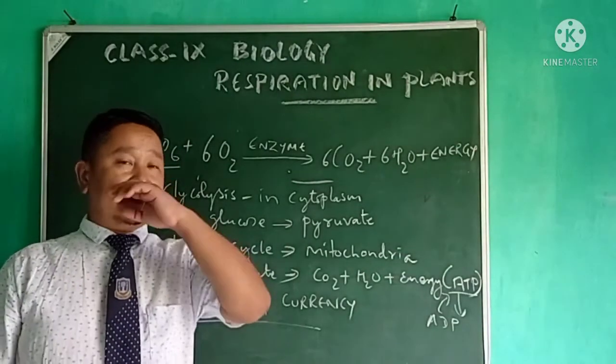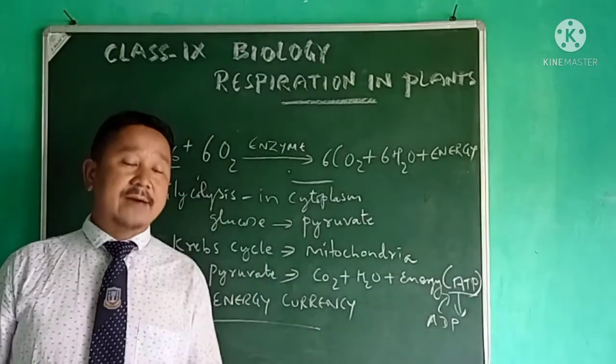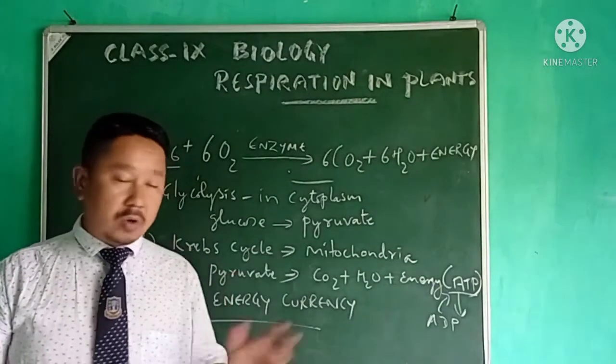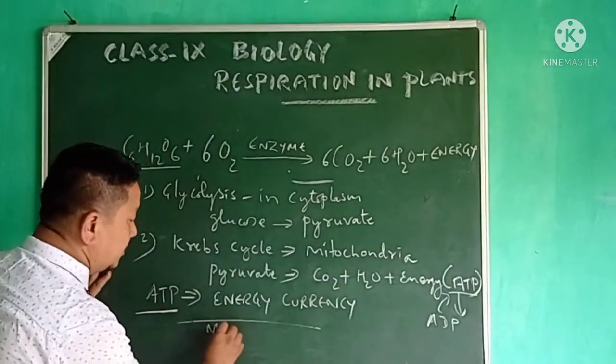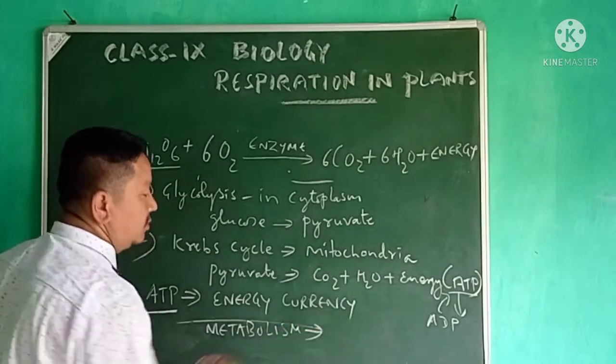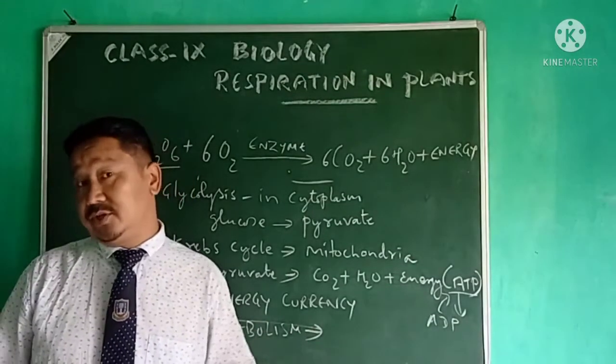All right, then as I was talking about activities, we have two types of activities in the body. As a whole, it is called metabolism, or metabolic activities. What is metabolism? First you need to understand.